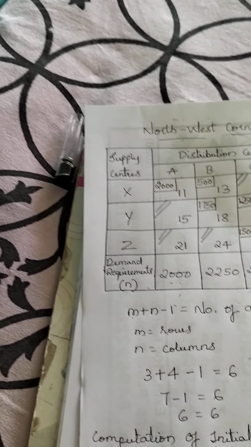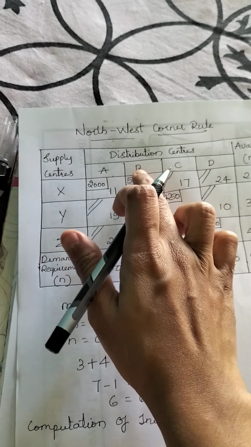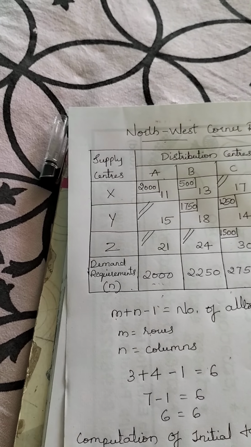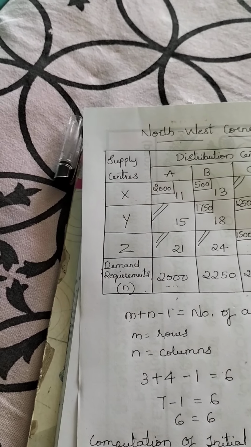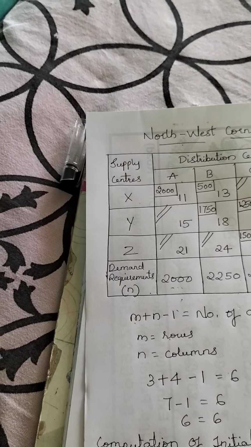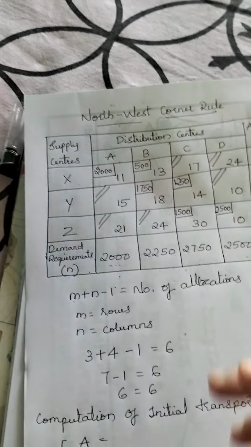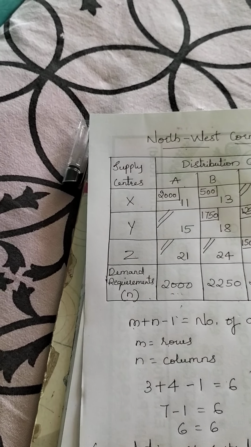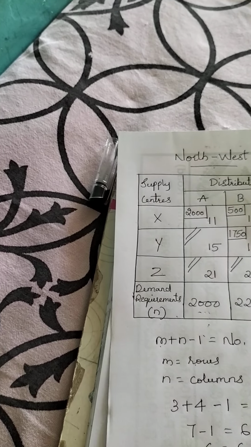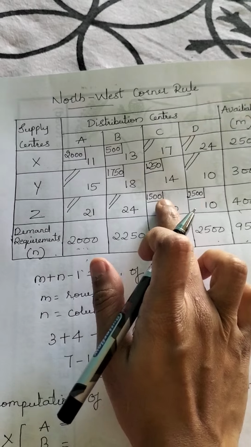For X center, there are 2 allocations, A and B. For Y center, that is B and C. For Z, it is C and D.